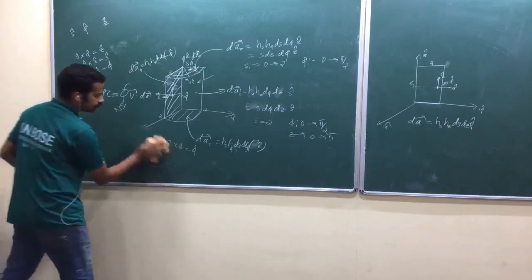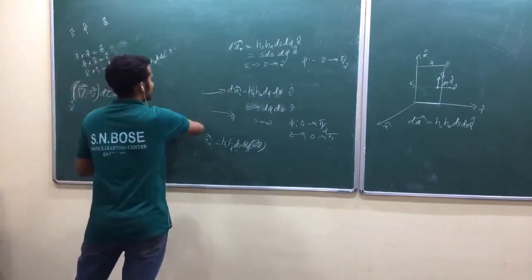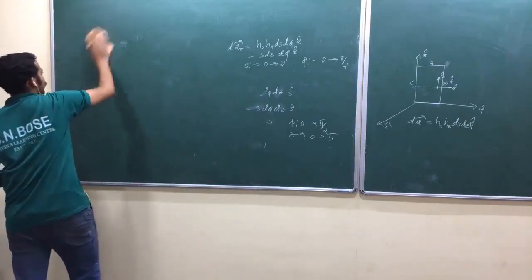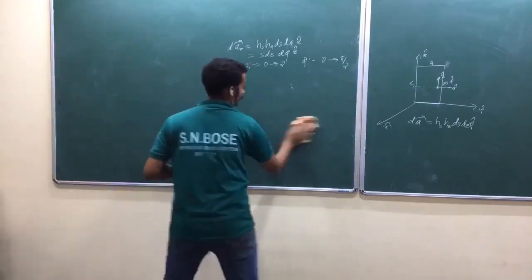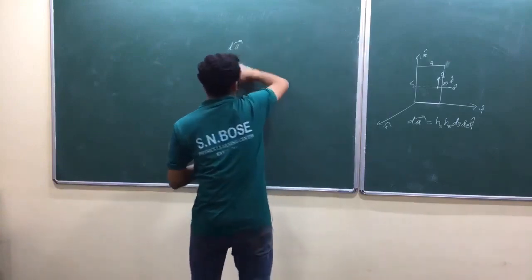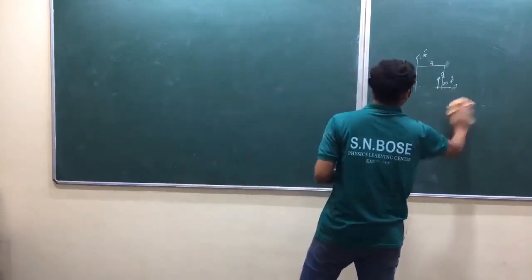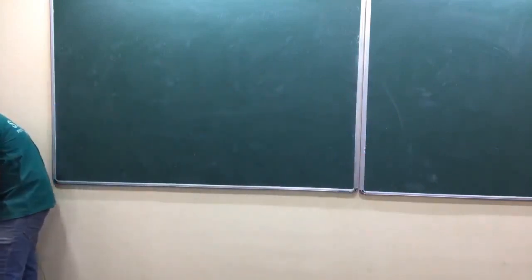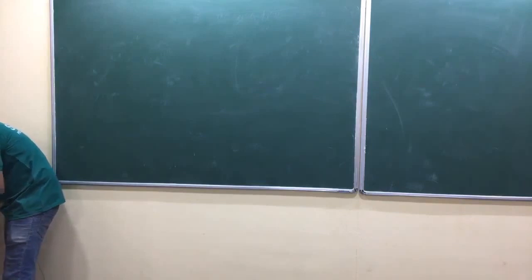Once you do this one, once you got this imagination, it's nothing, remember. So practice at least twice these two problems, okay? Then again, you can try problem number 5, 1.56, 1.57. Try them also.